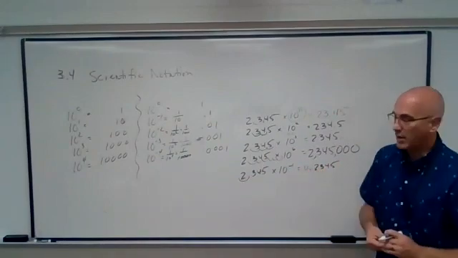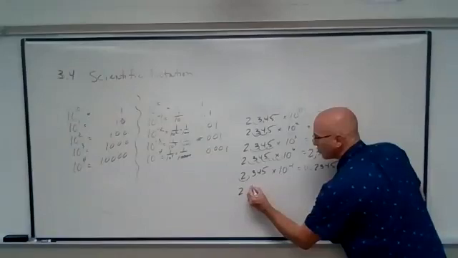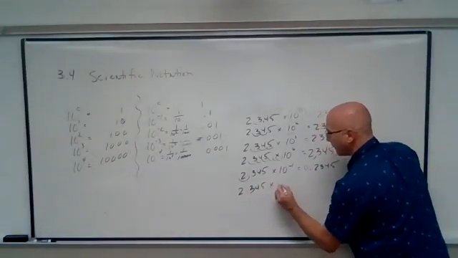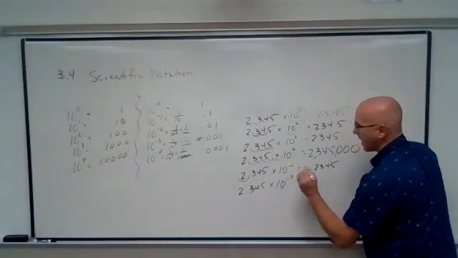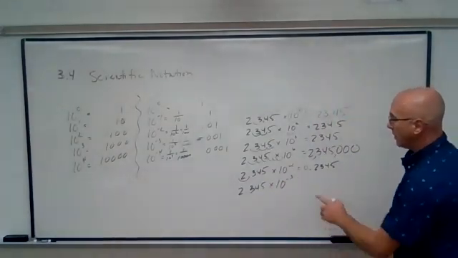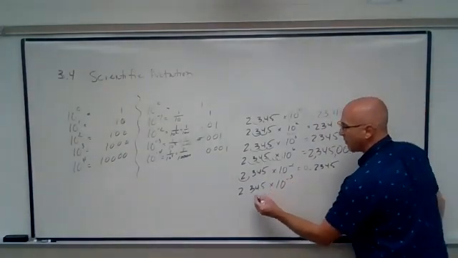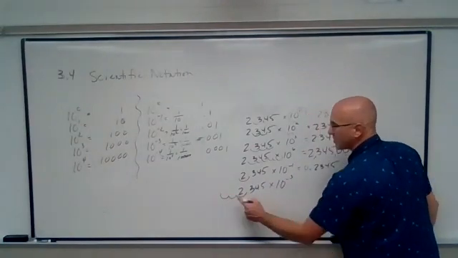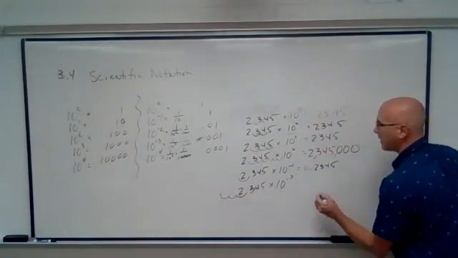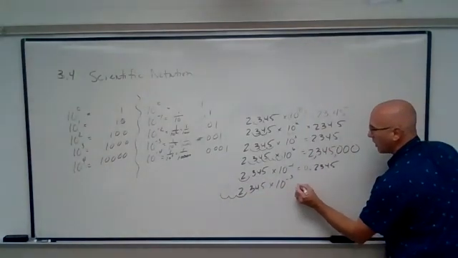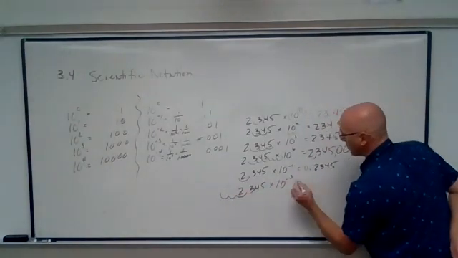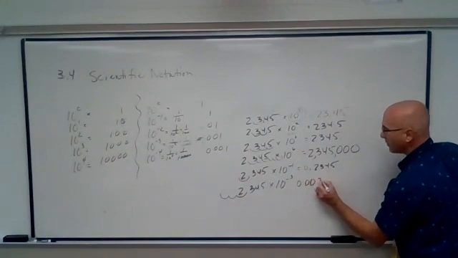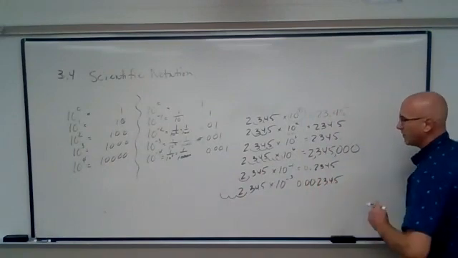Put a zero holder right there. Let's do another one. 2.345 times 10 to the negative 3rd power. So we are moving to the left 3 places. 1, 2, 3. So I have some empty places right here, and we are going to fill those with zeros. 1, 2, and then 2, 3, 4, 5.